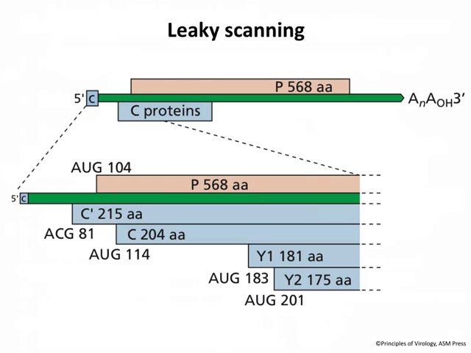So that gives you this protein called C prime. It's 215 amino acids. But again, most of the ribosomes keep scanning. This is an ACG. This is not great. If you want to translate there, you can do that, but I'm moving on. So they keep scanning. They reach AUG at 104. So this is nice. This is an AUG. But the surrounding sequences are not good. I told you earlier that the sequences around an AUG can control the efficiency of initiation.